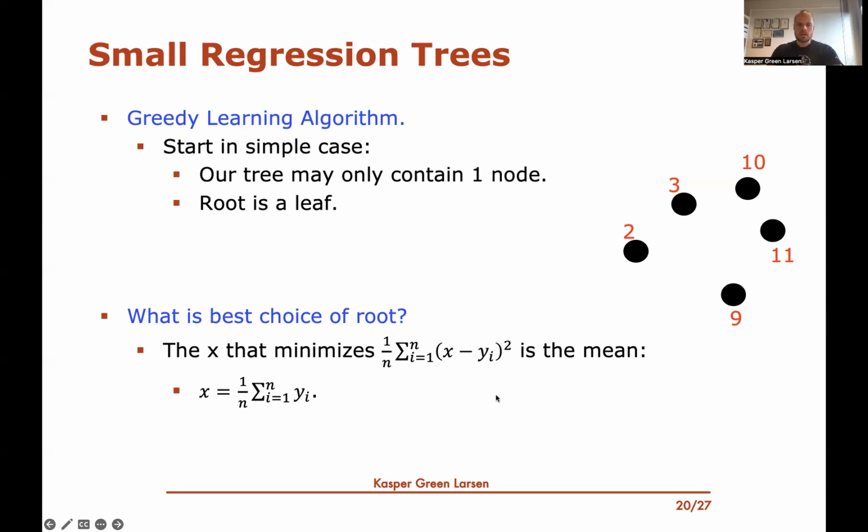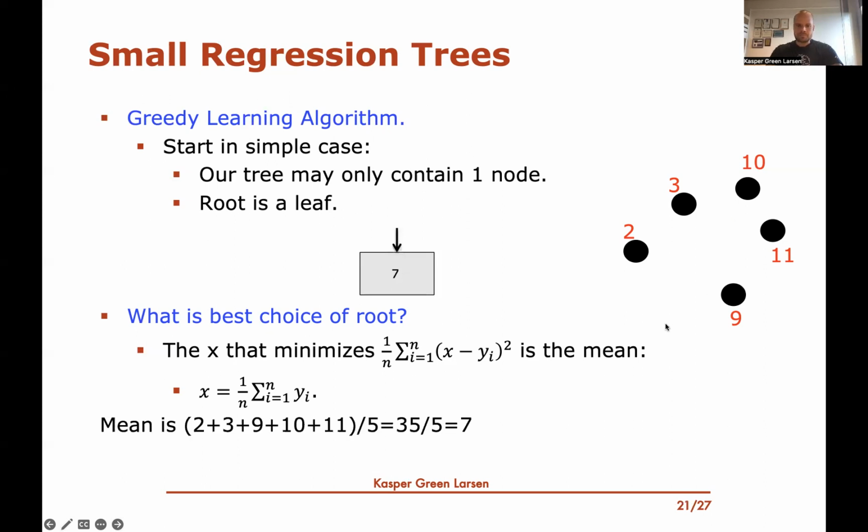So the best value to return to minimize this squared loss is just the mean. For the training data up here, if I were to return a value in this root, I have to pick the mean: you sum up all the values, 2 plus 3 plus 9 plus 10 plus 11, and divide by 5. If you sum these up, you get 35 over 5, which is just 7. So the best value you can return is 7.